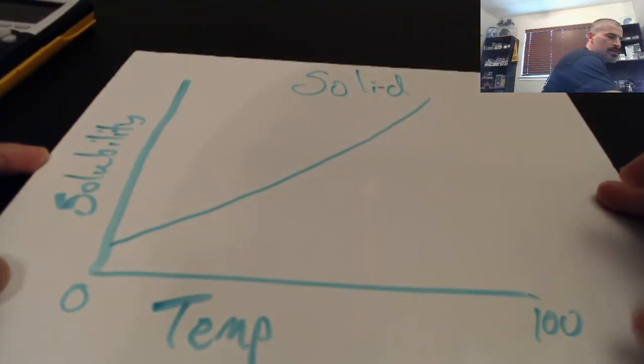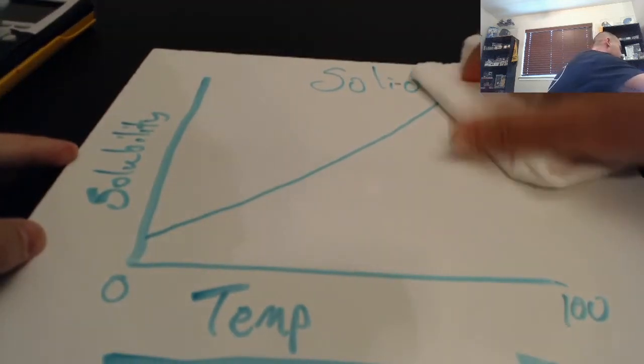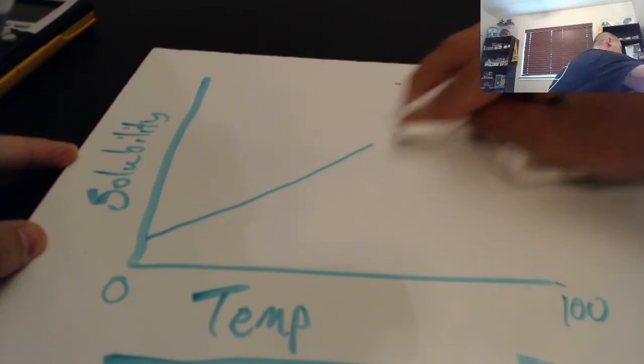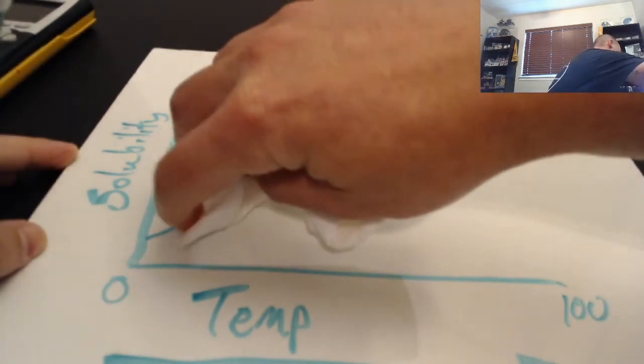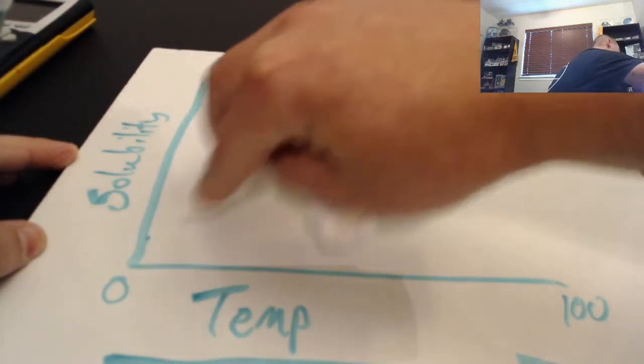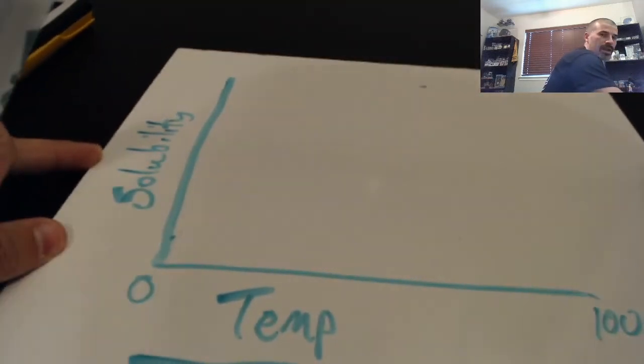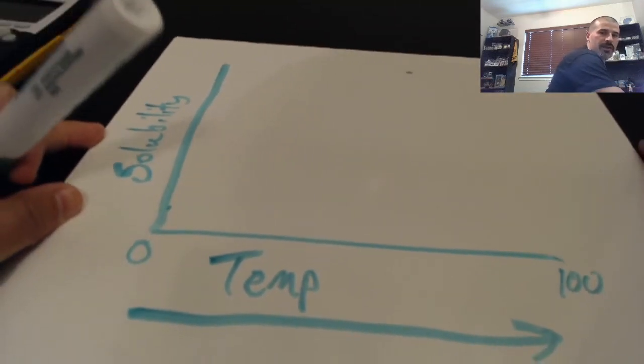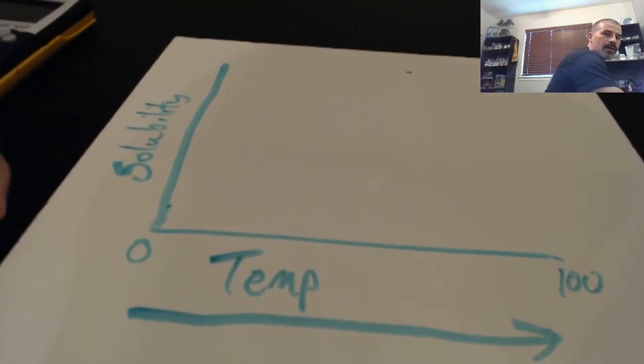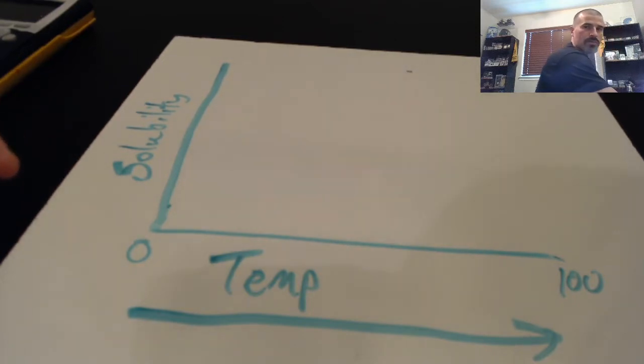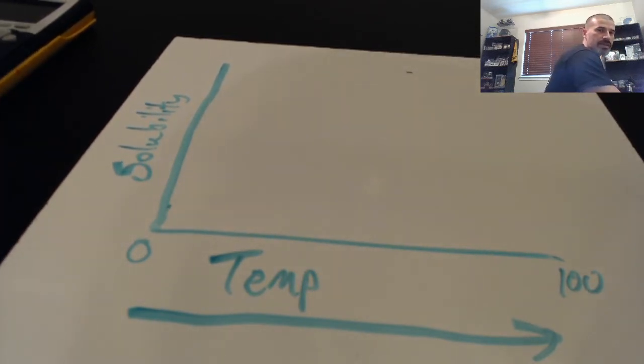Okay? Now, what question 11 is having you do is asking you, well, you know what the solubility curve of a solid would look like, and asking you to compare how it might be different from that of a gas. Well, if you look at the notes, solubility of a gas decreases with increasing temperature.